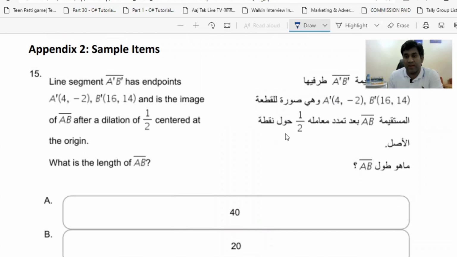Let me first plot out the coordinates they are talking about. I'm taking it as approximate. A dash coordinates are 4 comma negative 2, so I can take it somewhere over here, and 16 comma 14 I'm just taking as a rough. This is the line segment.